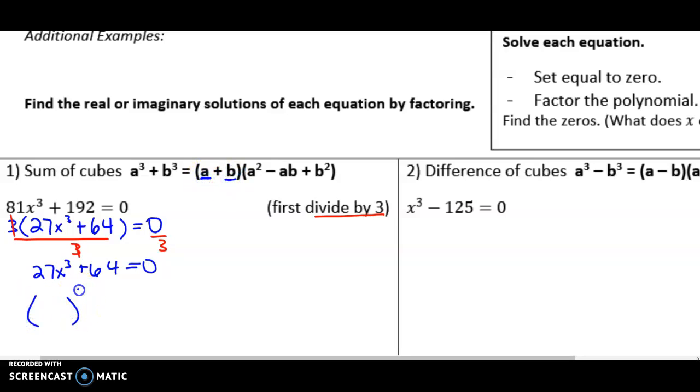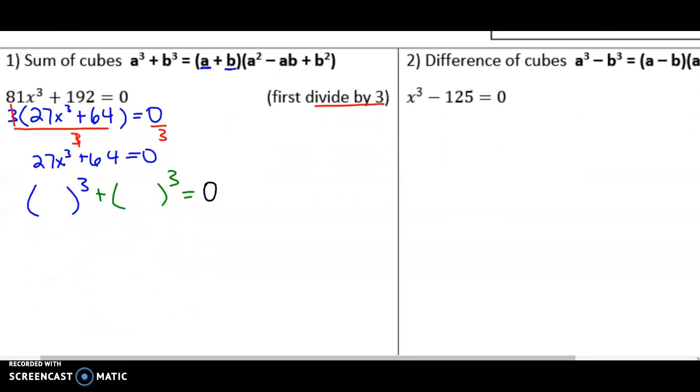So now we want to break it up into that a and b. We're thinking what times itself 3 times is 27, and what times itself 3 times is 64. For 27, you can take 3 times 3 times 3 to get 27, and then x times x times x to get x cubed. So 3x. That's going to be our a. And our b, what times what times what is 64? That would be 4.